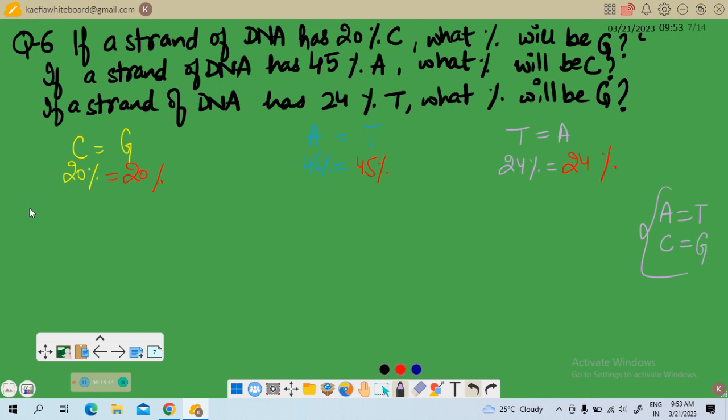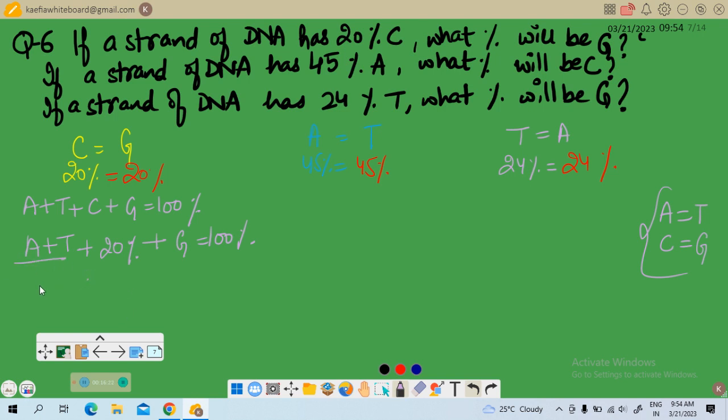So here if I add A plus T plus C plus G, that is equal to 100%. Okay, A plus T we don't know. We know about cytosine, that is 20%. Here they're asking what will be percentage of G. So plus G is 100%.